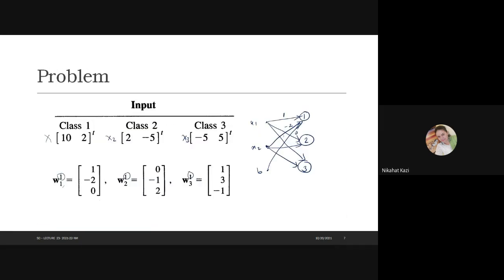What is missing here is that the label is not given. It is only given in the sense that pattern X1 belongs to class 1, pattern X2 belongs to class 2, and pattern X3 belongs to class 3. But labeling I have to do. I have to represent what is class 1, so I'll have to have a vector.